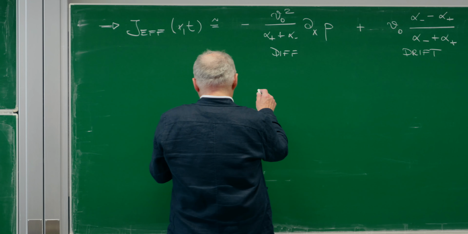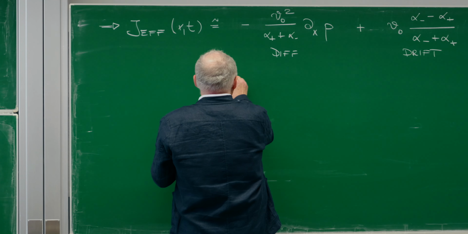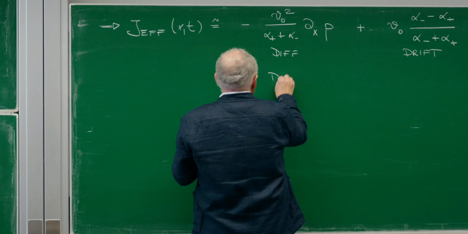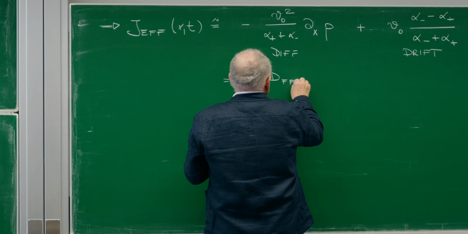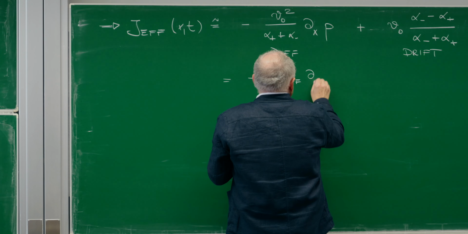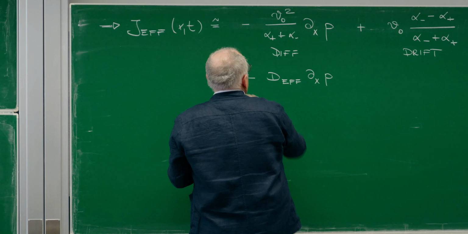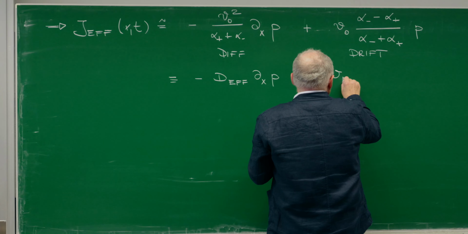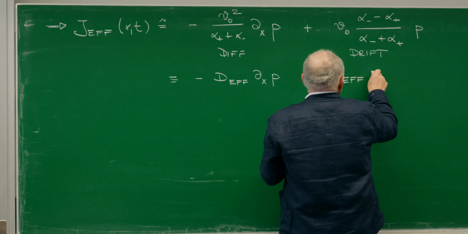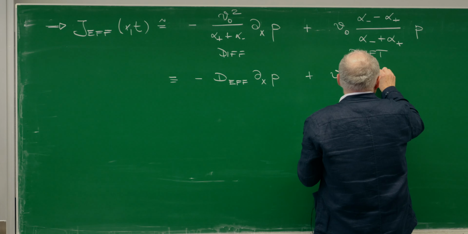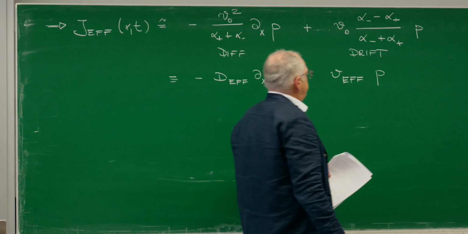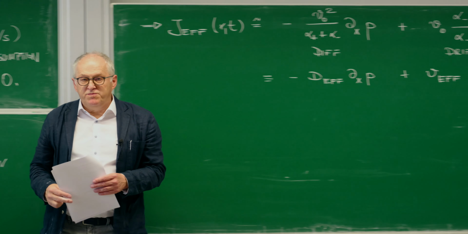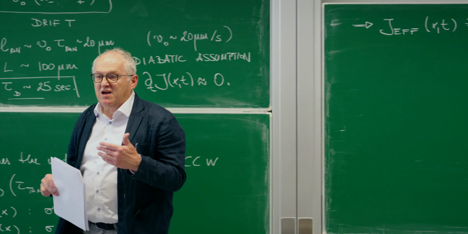So we can write this also as minus D effective times d_x P plus V effective times P. The important point to note is that these are not constants.